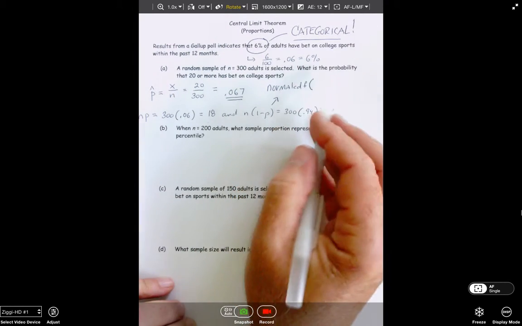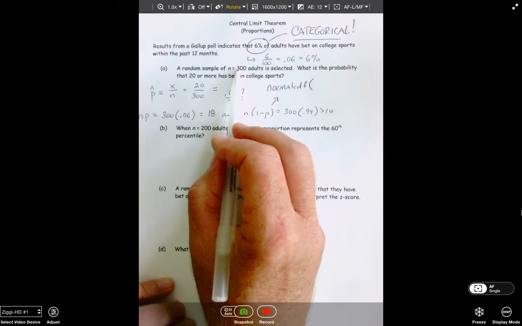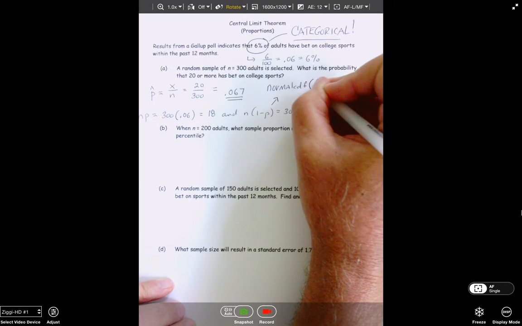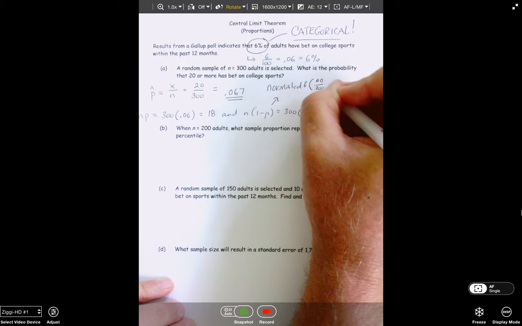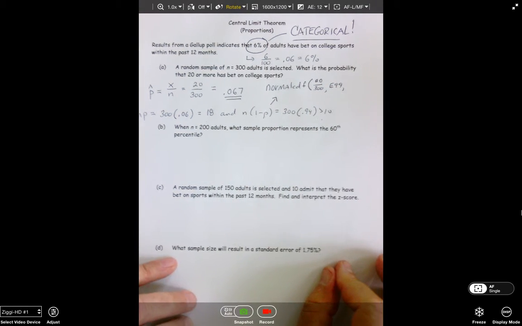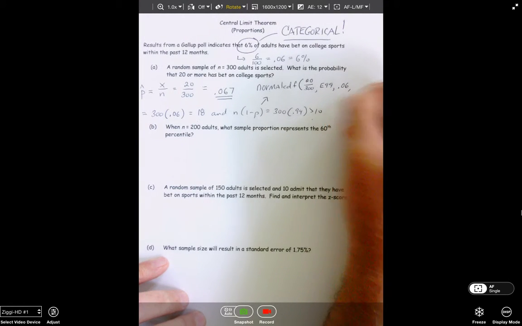So I want the probability that 20 or more out of these 300, with a mean of 0.06 and a standard deviation of the square root of 0.06 times 0.94 divided by 300.